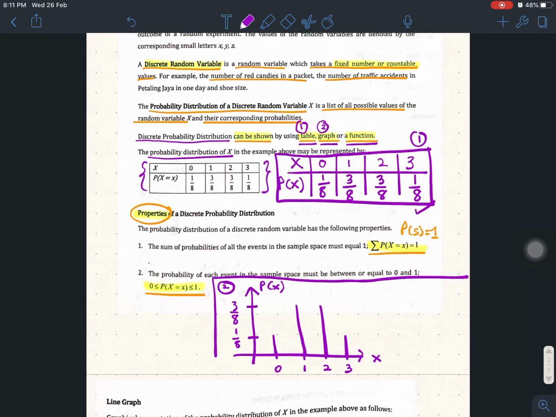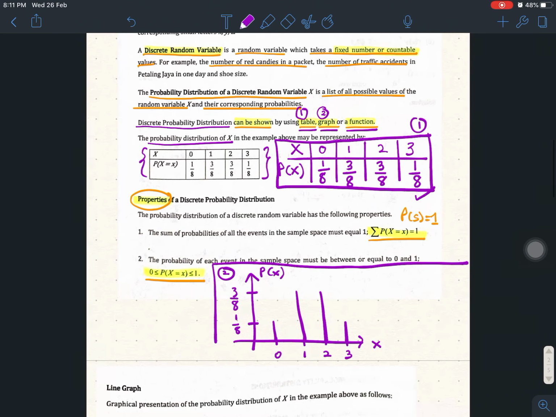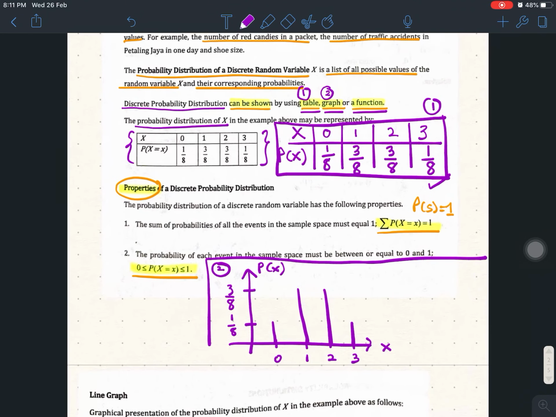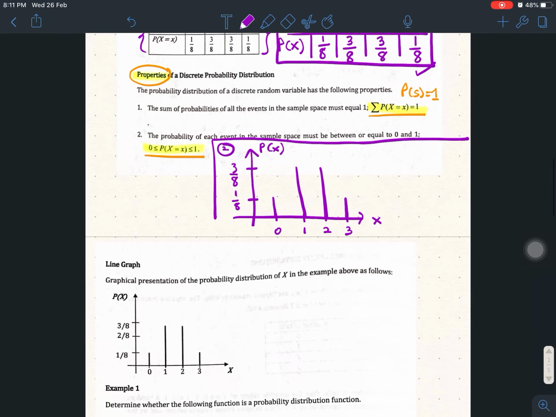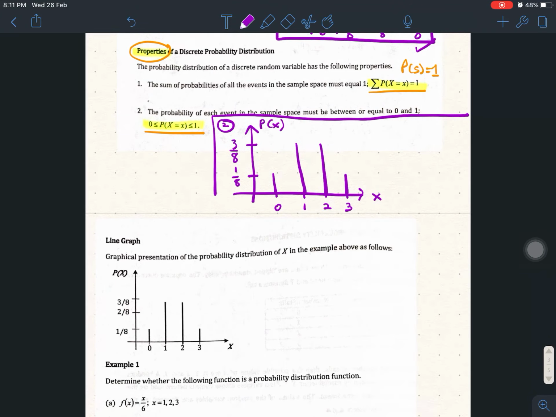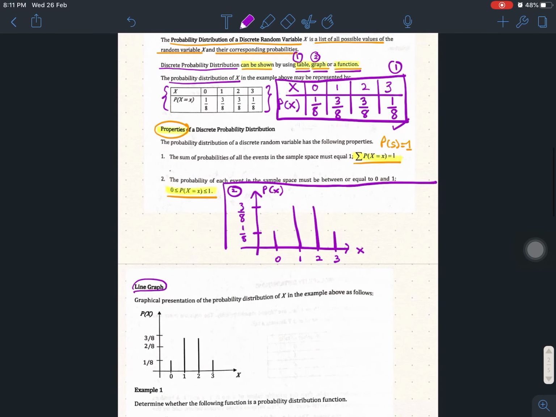Now, in a function. By the way, in your book you should have a line graph already, you can look at it there. Now I'm going to show you how to write it as a function. The function here is P(X), your probability. This is actually a piecewise defined function, what you have done in Maths 1.